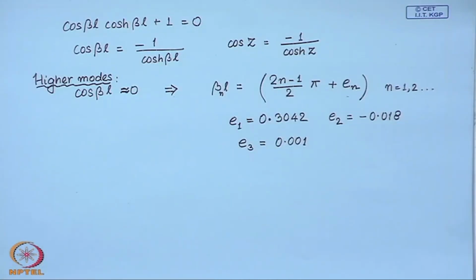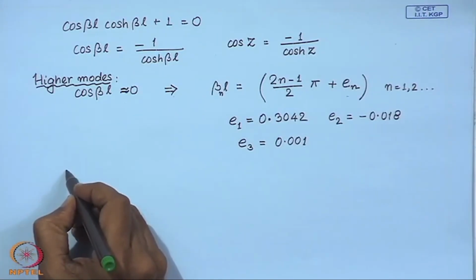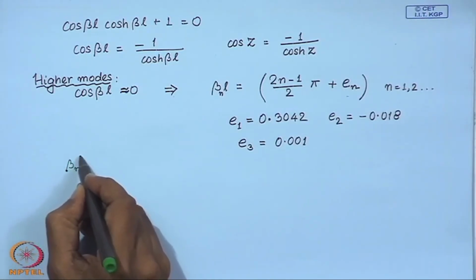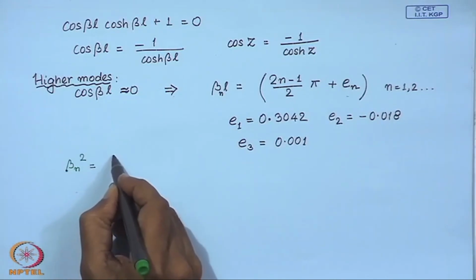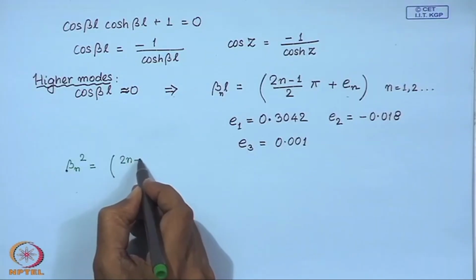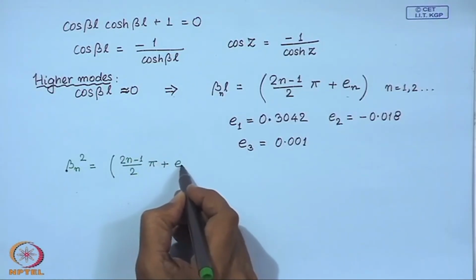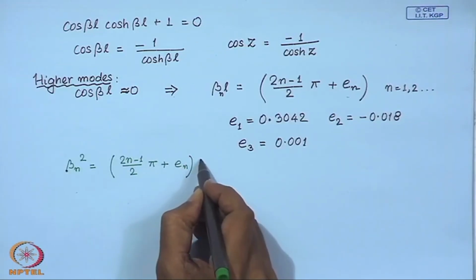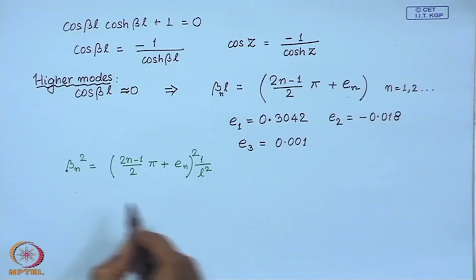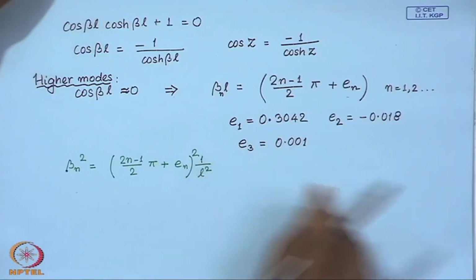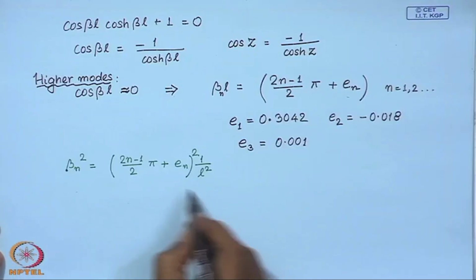Now, beta n square is therefore, and as you know, we have looked at this.